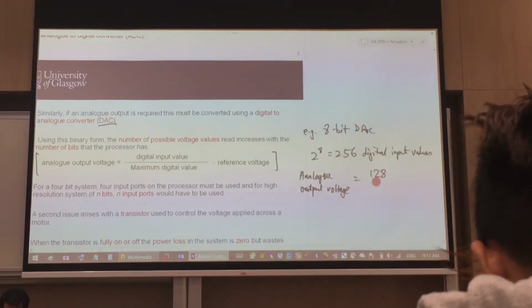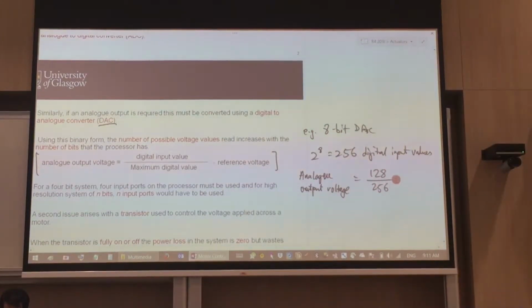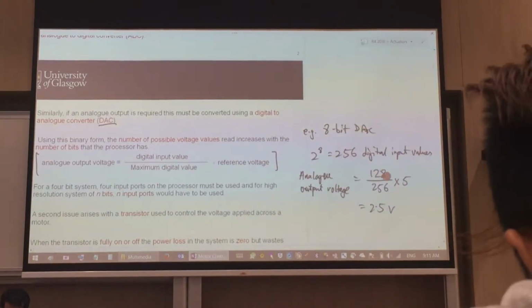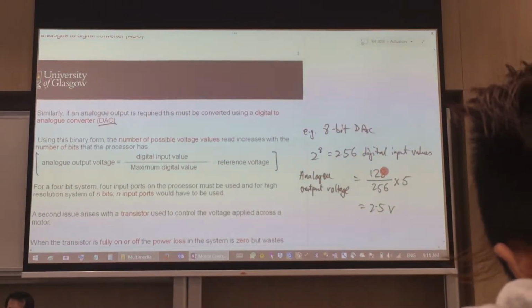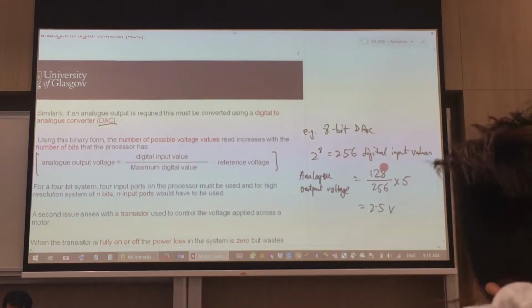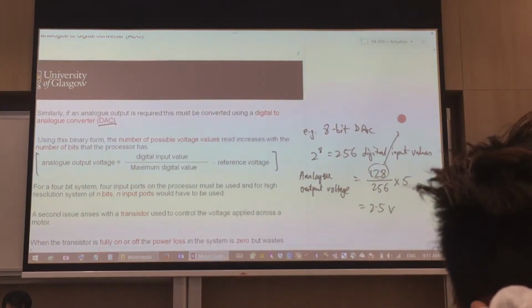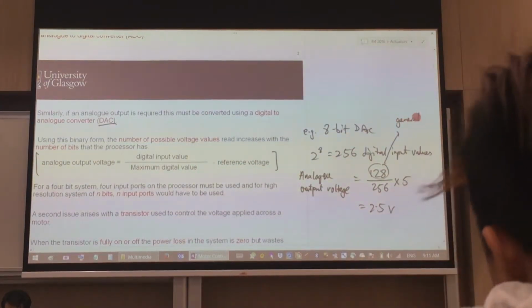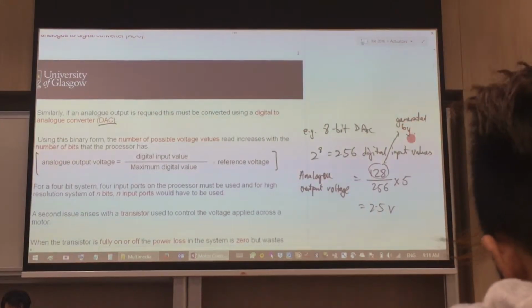So you take 128 divided by 256 multiplied by 5, and you find that you get 2.5 volts. That number 128 is something that your microprocessor will be generating.